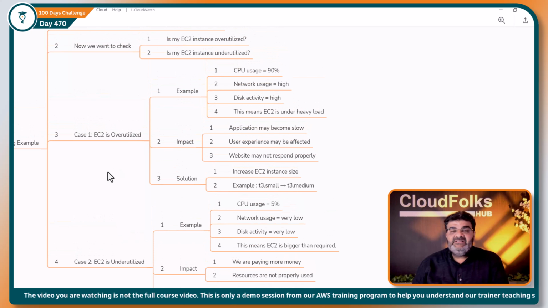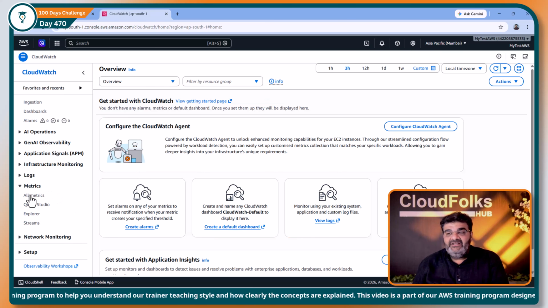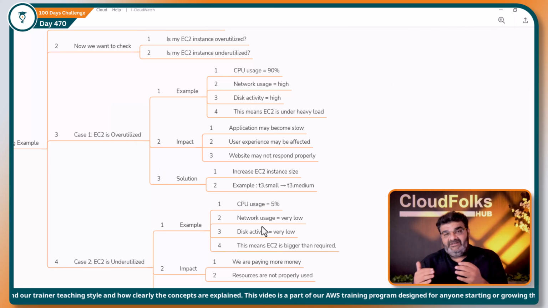But the question is, how can you find out whether your EC2 instance is overutilized or underutilized? How can I find out the CPU usage of my EC2 instance? Here, AWS CloudWatch comes into the picture. Here we have metrics. You can use metrics to get all the details about your various AWS services.